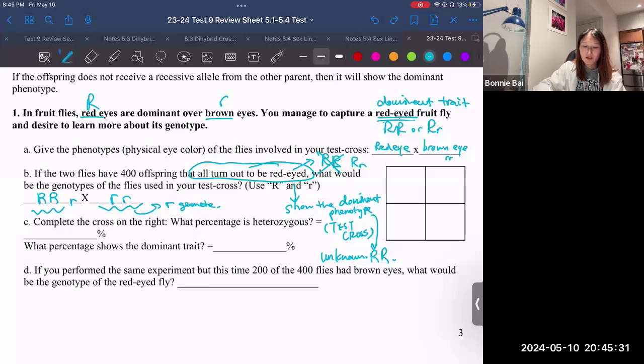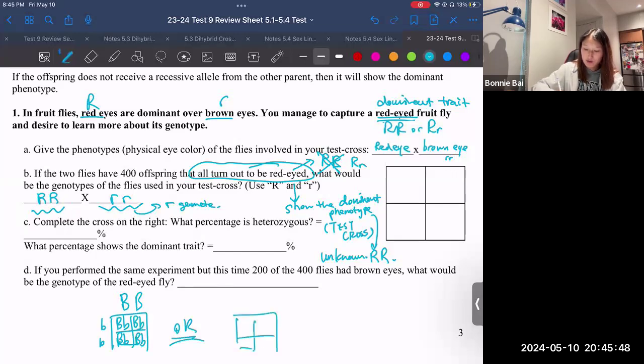Anyway, if you're not sure, here's what you do. Just draw two Punnett squares. You draw big B, big B, little b, little b. Right? This is one possible test cross. Or the other possible test cross is big B, little b, little b, little b. Okay? Those are the only two scenarios.